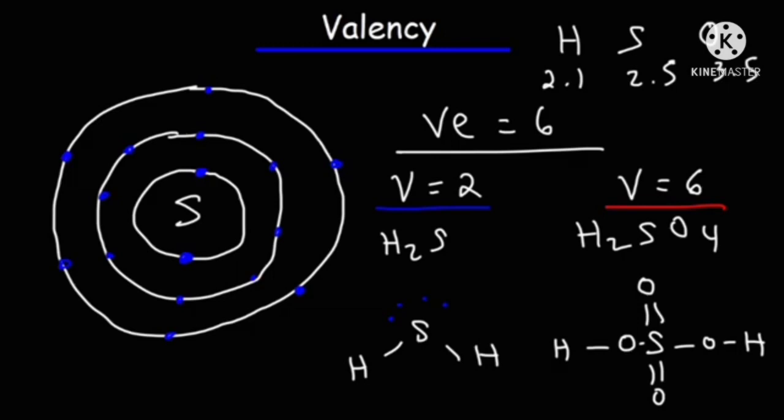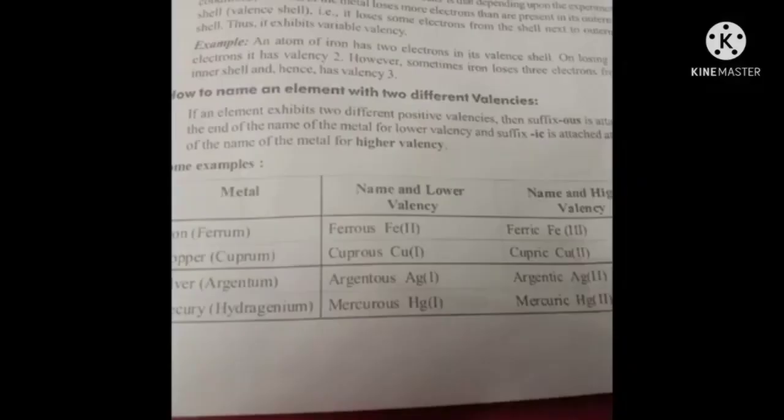Based on these valency numbers, we give names to the elements. See here, I am showing you the page in the textbook. For low valency numbers we add the suffix OUS. For a higher valency number, the name of the element is given the suffix IC at the end of its name.